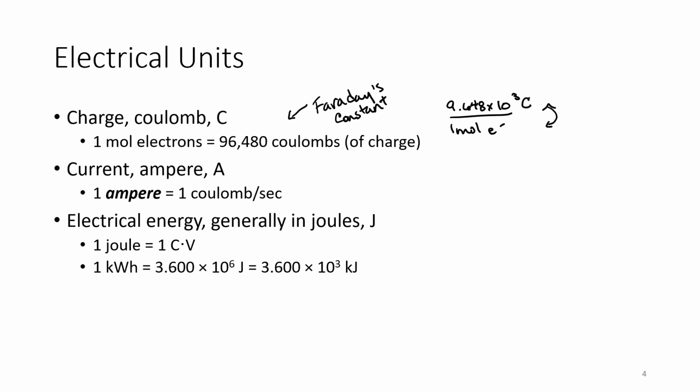Another electrical unit that we might need is current. Current is given in amperes, and those are given the symbol of A, as we see there. And 1 ampere happens to have units of 1 coulomb per second. So we're going to be able to convert coulombs and amperes within each other. We're going to see that when we work problems, right? Because we're going to worry about time, right?